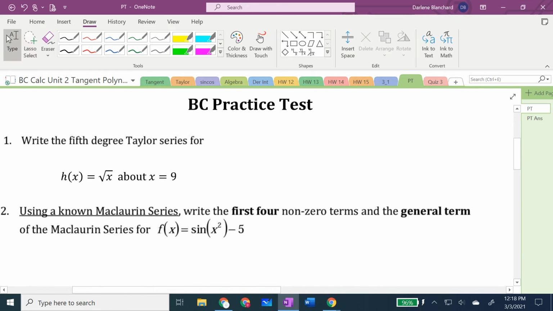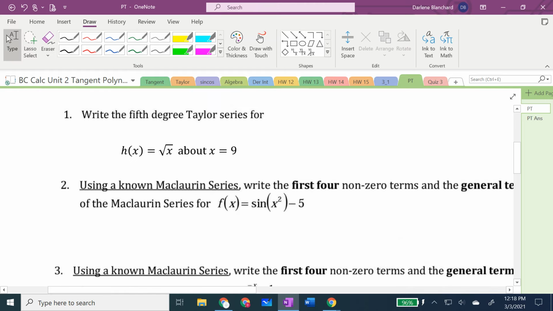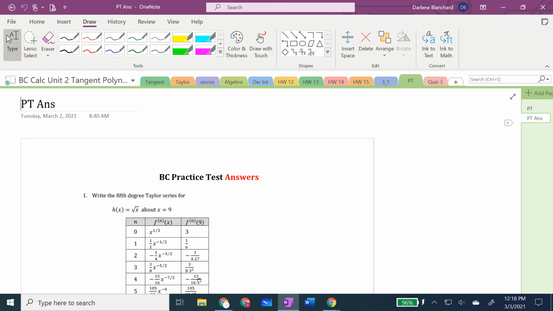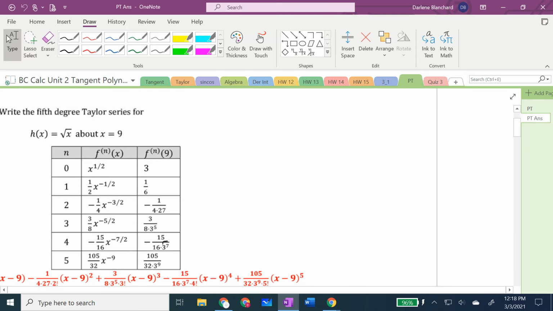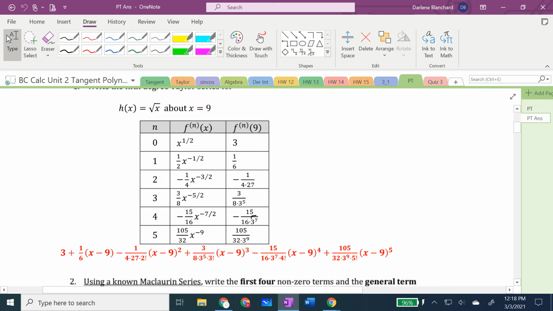Okay, so I'm not getting any requests for particular problems, so I'm just going to start at number 1. And for number 1, I'm going to save us time and go over to the answers and just point out the answers. With the problem where you are doing this from scratch, you're going to need to make a table or however you organize your information.